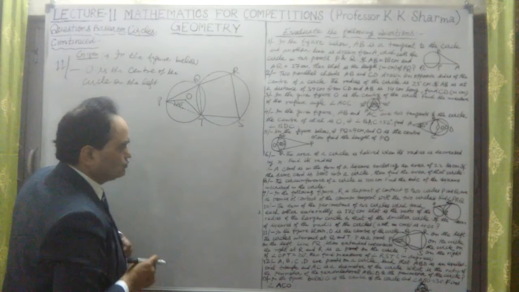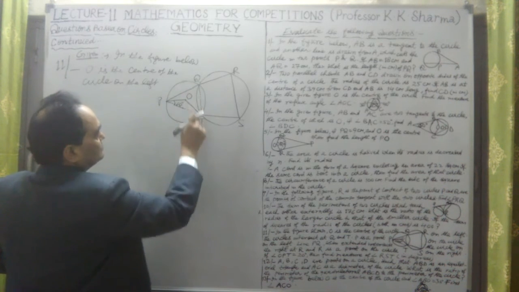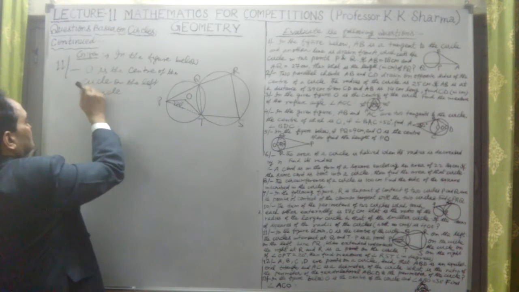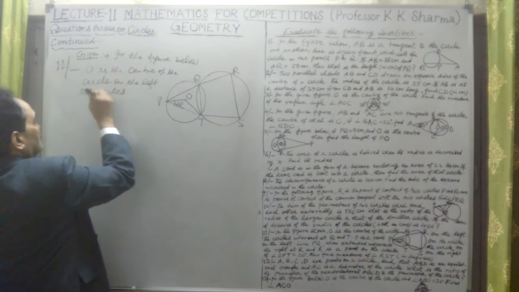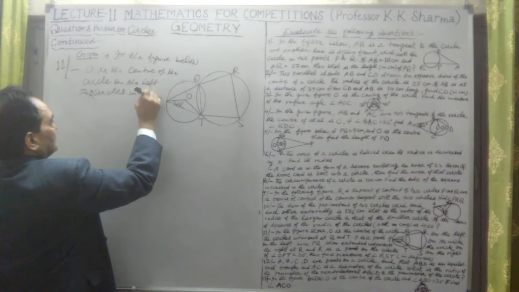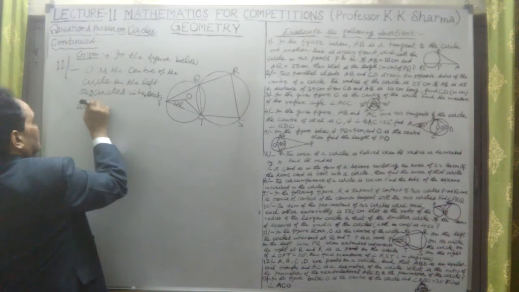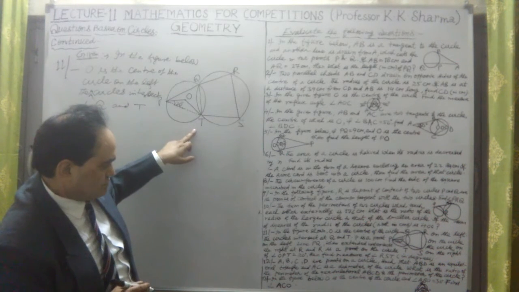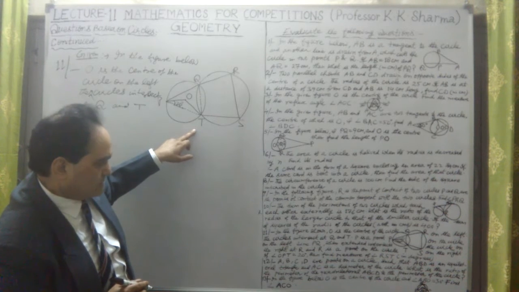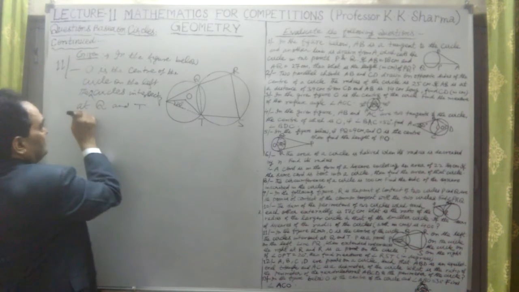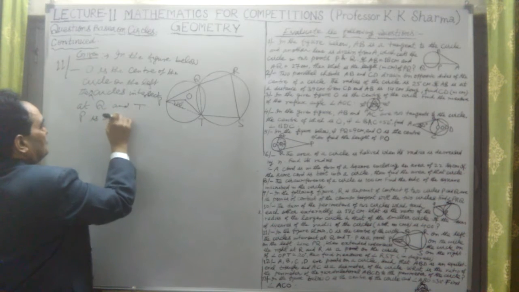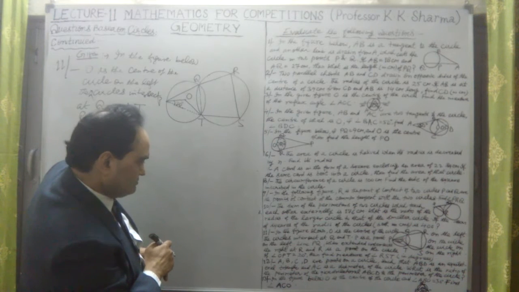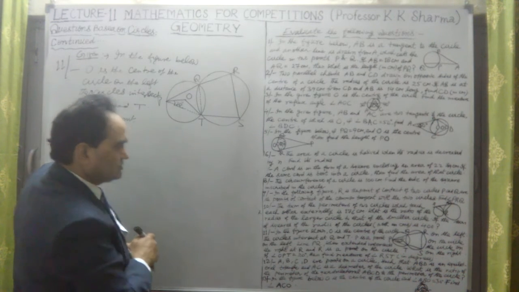The circles intersect at Q and T. The two circles intersect at Q and T. P is a point on the circle on the left.